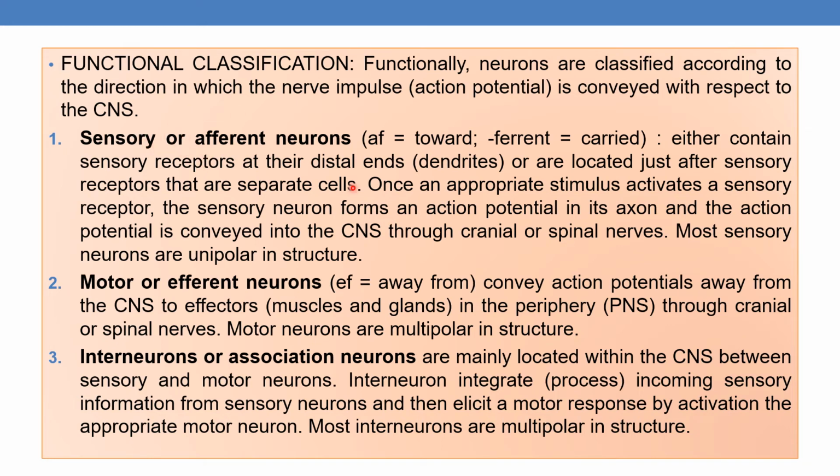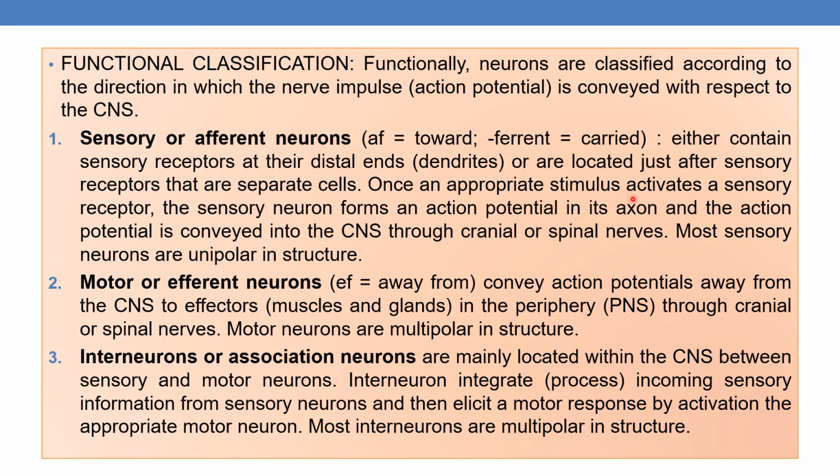Sensory or afferent neurons. Af means towards, ferent means carried. As the name indicates, they either contain sensory receptors at the distal end, that is nothing but dendrites, or are located just after sensory receptors, which are separate cells.